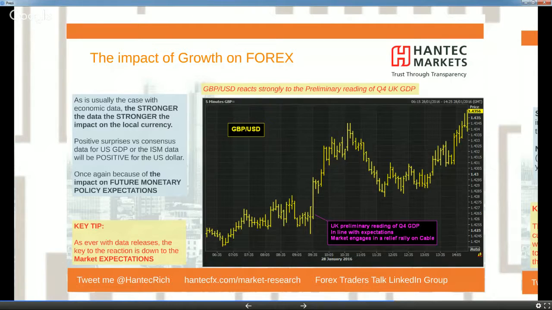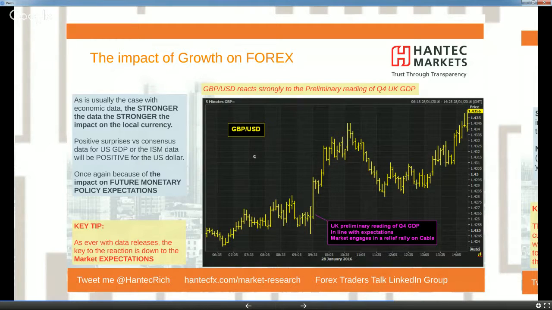But starting off with Forex, you can see here the chart of sterling dollar. Now, this was when the UK back in January announced Q4 GDP. We had a pretty strong rally on cable, about 100 ticks on that GDP data. So the market does move.